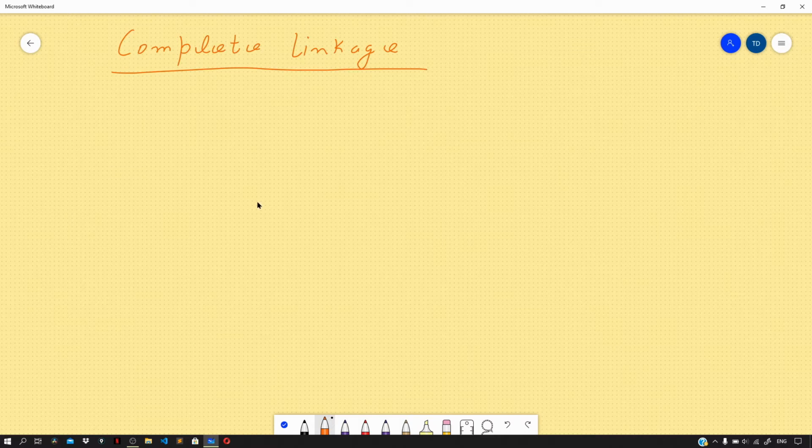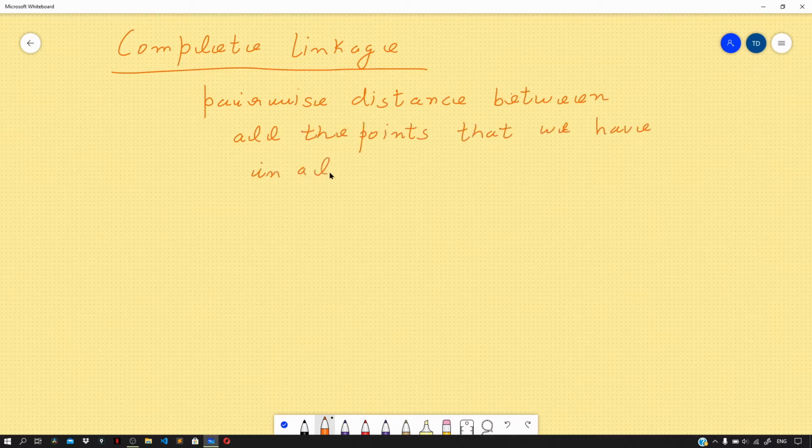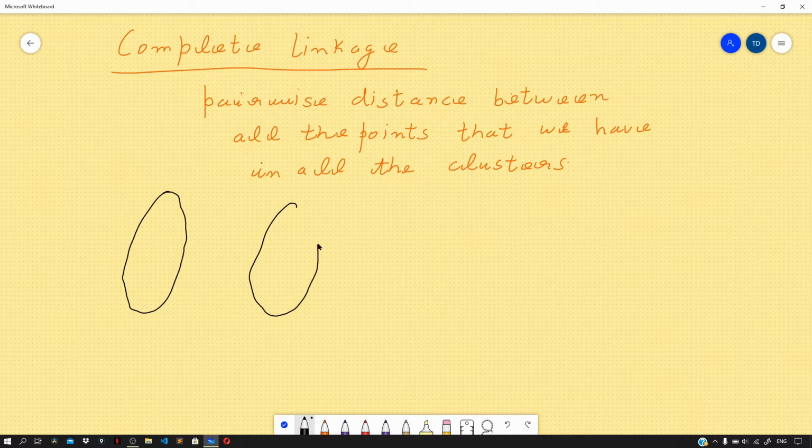Now in complete linkage, we have to calculate the pairwise distance between all the points that we have in all the clusters. Let me demonstrate this with the help of a diagram. So let us say we have these 2 clusters. And say in the first cluster, we have these 2 points, and in the second cluster, we have these 2 points.